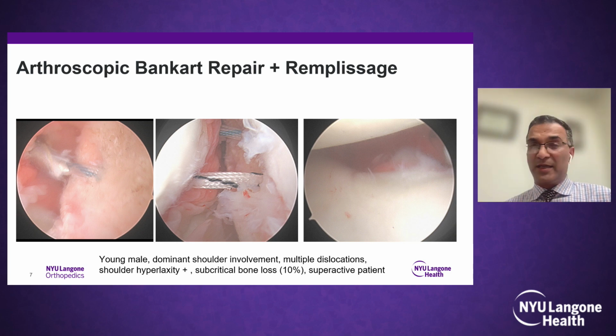I will make an additional posterior portal in order to put my remplissage anchors. I use 2 anchors, and I tend to put them in the center of the Hill-Sachs lesion.